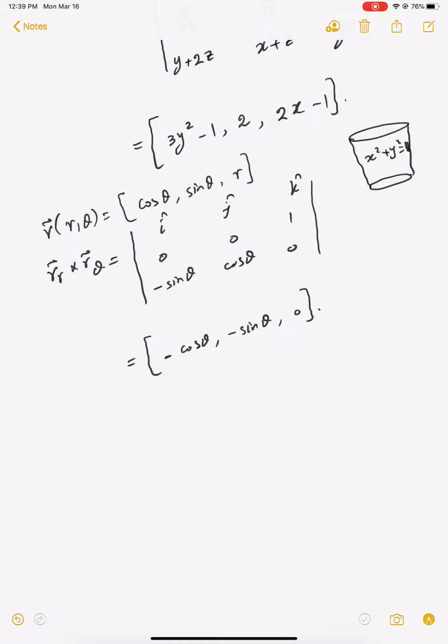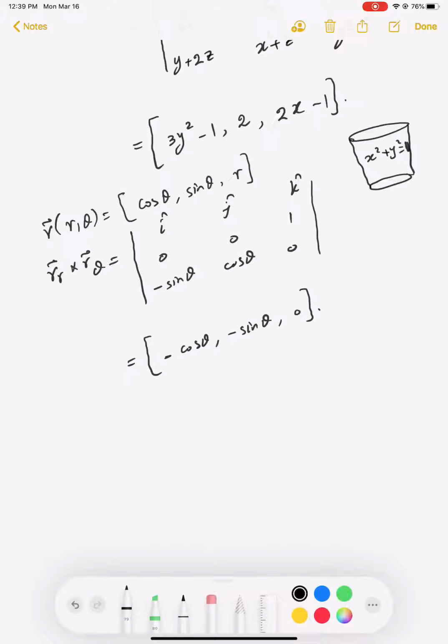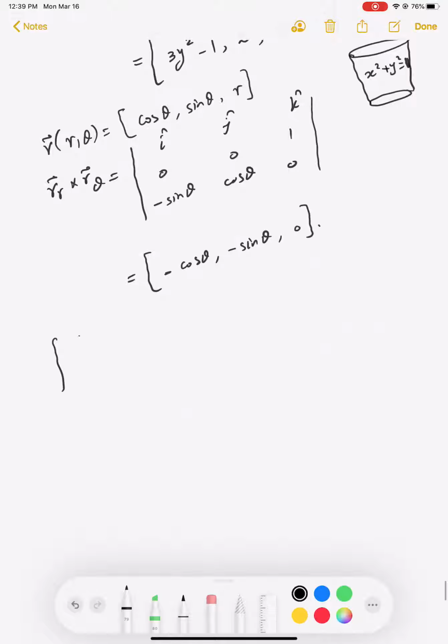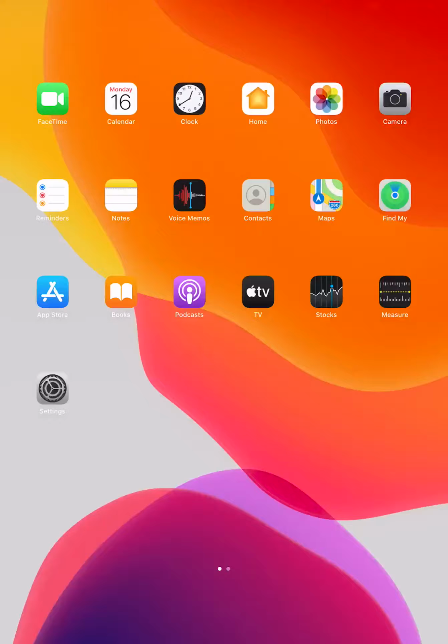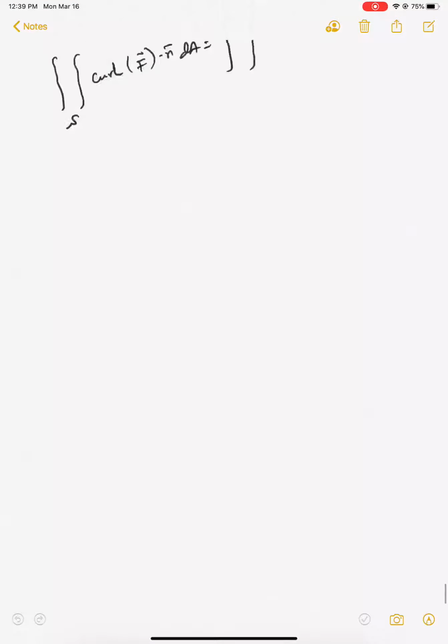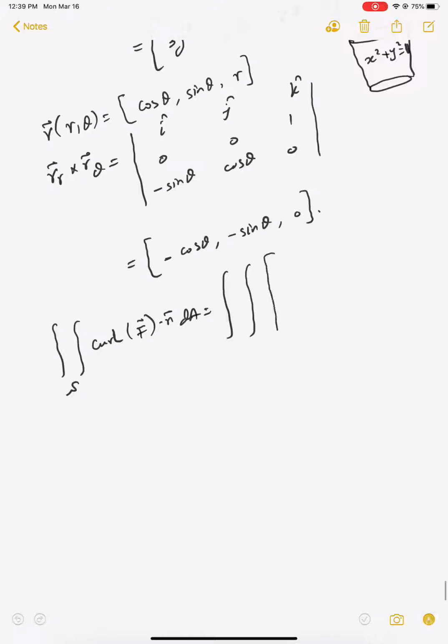Now at this stage we say, okay, what is the surface integral of the curl? It is a double integral. You go to the curl, this is the curl, dot the normal vector, of course dr d theta.